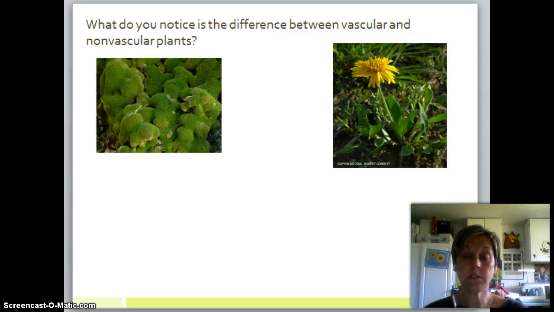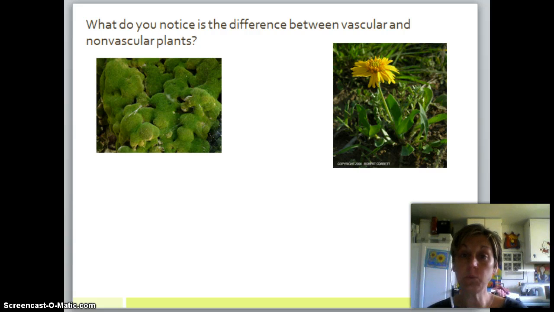One of the things that I would like you to think about and kind of put into your notes as we move along in this unit with plants is I want you to be able to answer this question: what do you notice is the difference between vascular plants and non-vascular plants?